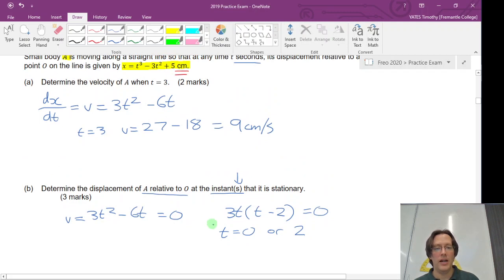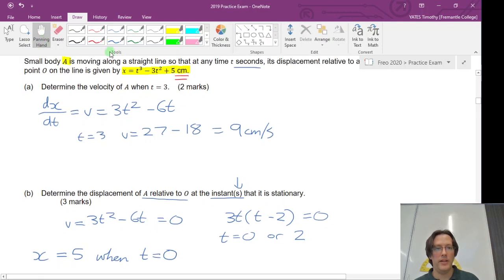So, if t equals 0, we've got our times, we've got to work out the displacement. x equals, and t equals 0 is very easy to put in there. x equals 5 when t equals 0.